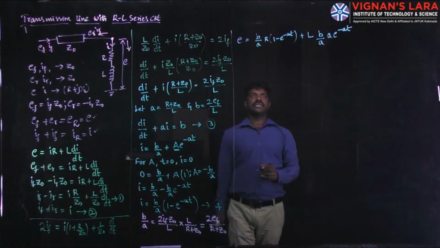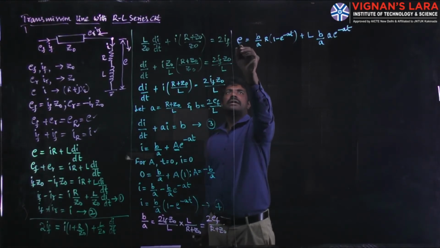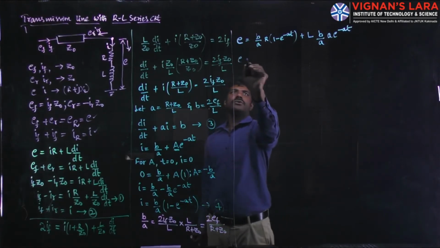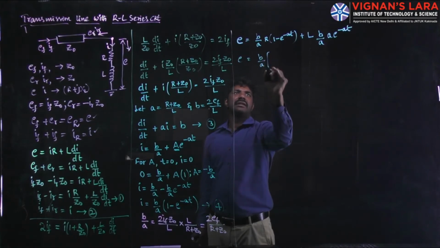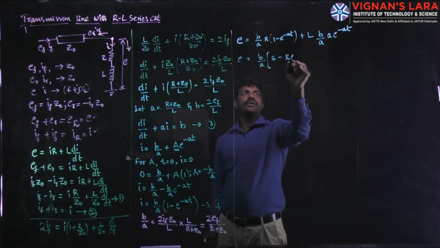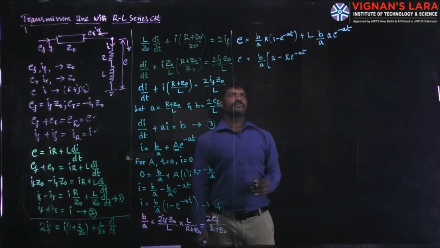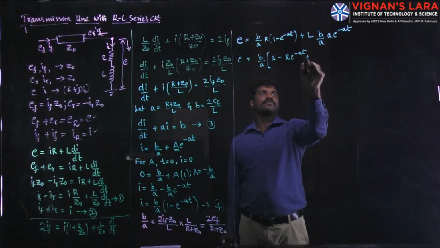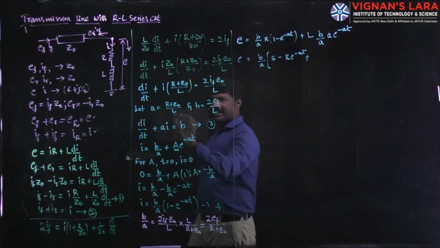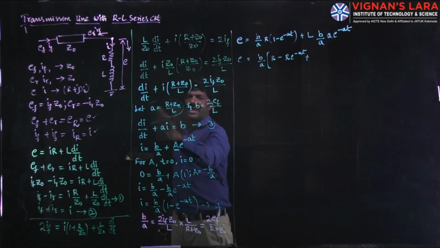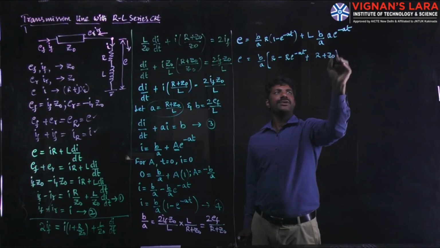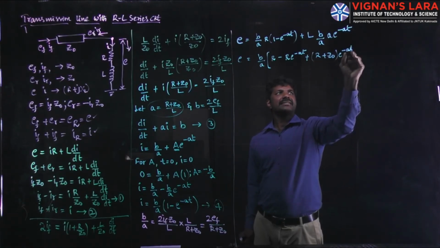Okay, so this is the E value, the total or resultant value. Simplifying this, E is equal to B by A, taken as common, so that you can write this as R minus R into e to the power minus AT, plus B by A taken as common, then we will get LA. What is LA? Here you can write LA as R plus Z naught, into e to the power minus AT.